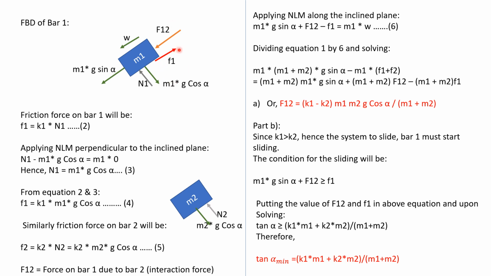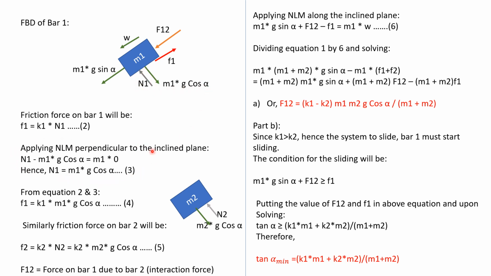F1 is the friction force acting on m1. Normal to the inclined plane, the component of gravitational force is m1 g cos alpha, and there is no motion perpendicular to the inclined plane. So N1 is the reaction force, and N1 is equal to m1 g cos alpha.